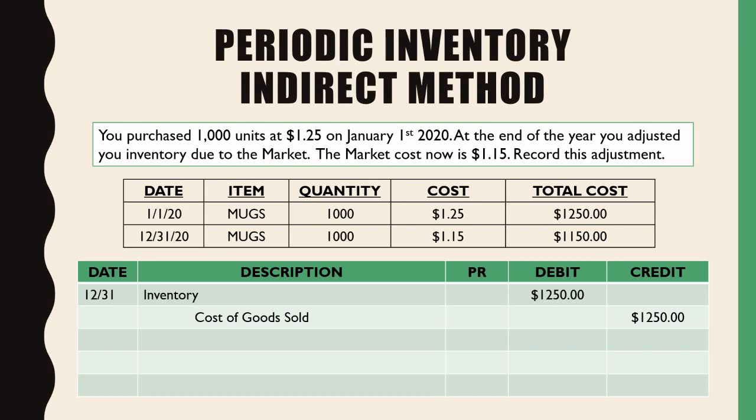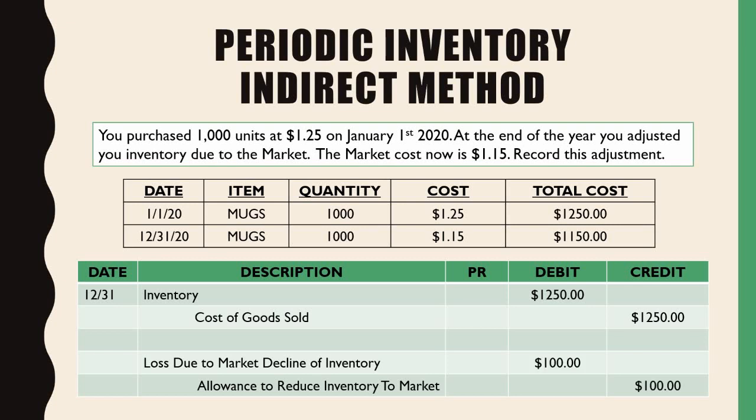This is where you recognize your $100 loss due to the market, because that's the difference between the $12.50 and the $11.50. And you create a contra account called the allowance for the inventory, where you recognize that $100 loss accumulated in the inventory.